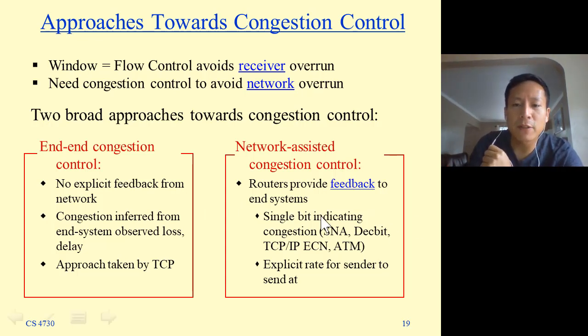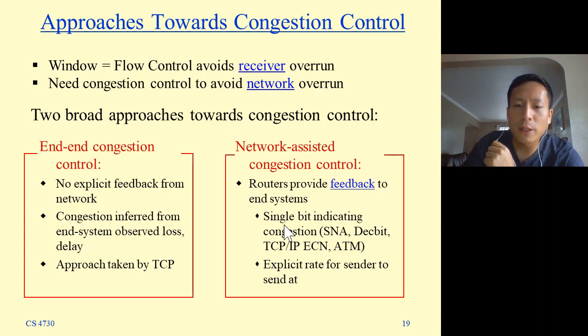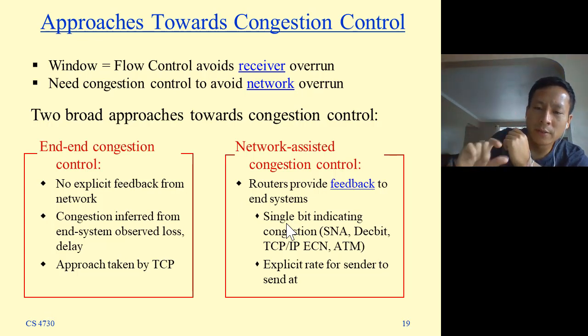Okay, so for example, a typical method of this network-assisted congestion control is that you can send some kind of single bit. From the packet you send through the router, it can set a bit indicating that some congestion is happening. So essentially you are telling the end host.